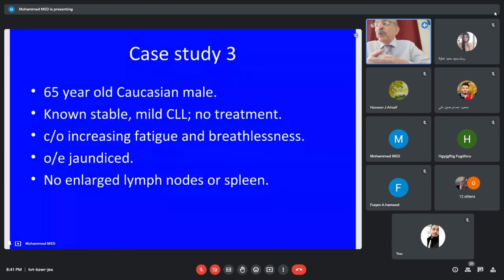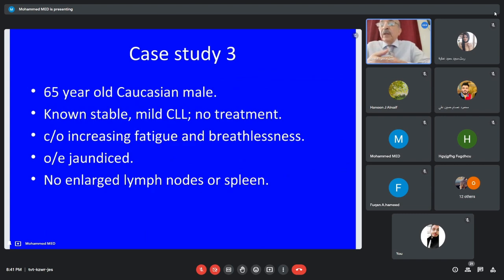So if you have a patient who is 80 or 82 years old with mild chronic lymphatic leukemia, you just follow him up. And as I said earlier, no active treatment is required, but there are some indications for a treatment, like one of them has developed in this patient, and we will come to this.